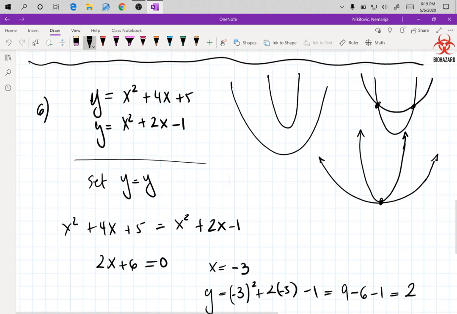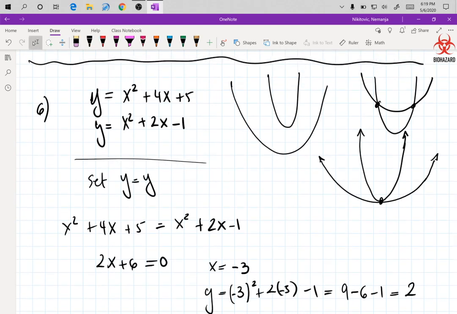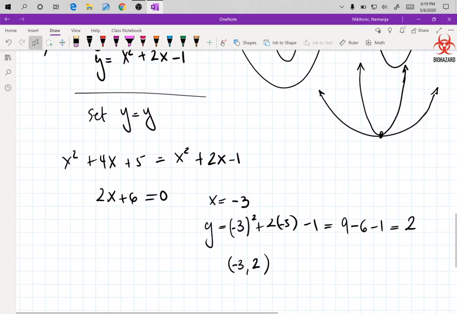So I have two parabolas, and we have a couple of configurations that we could get with their solutions. The method of solving is we set the equations equal to each other, which is done here, and then we put all the like terms together. X squares will cancel. 4x minus 2x is 2x. 5 plus 1 is 6.